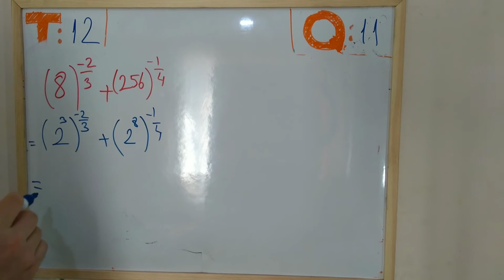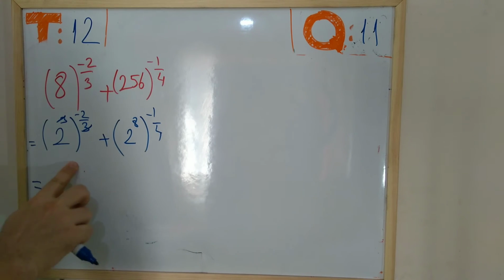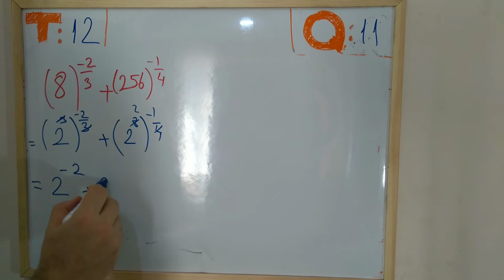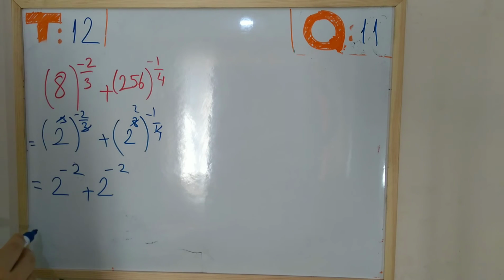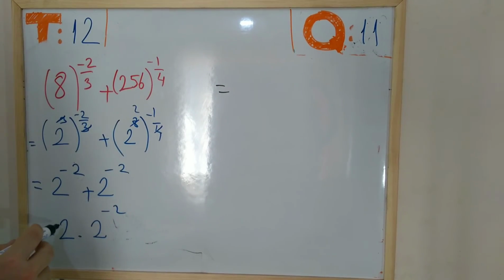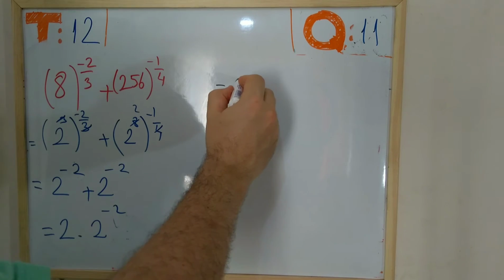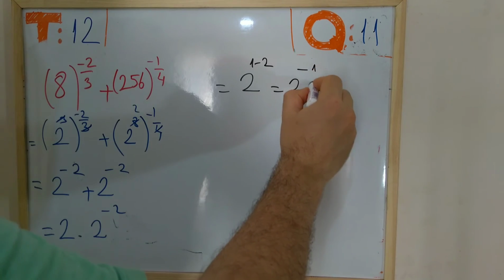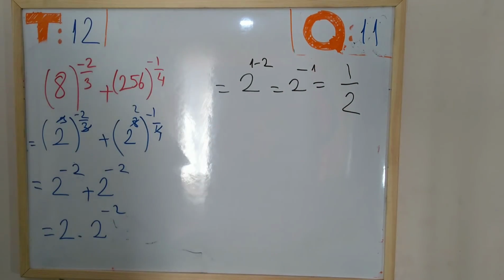So this equation turns into this form: 2 to the power, these 3's will cancel out, 2 to the power minus 2, plus these will cancel out, this is also going to be 2 to the minus 2, which means that I have 2 times 2 to the minus 2. Now I sum these numbers up. 2 to the 1 minus 2, which is equal to 2 to the minus 1, which is equal to 1 over 2.